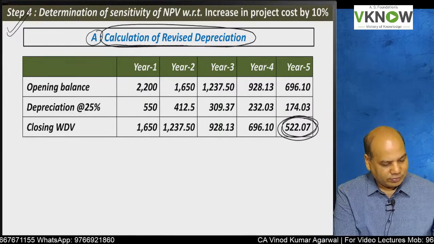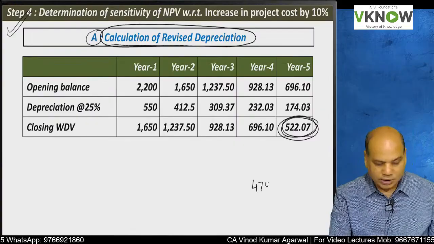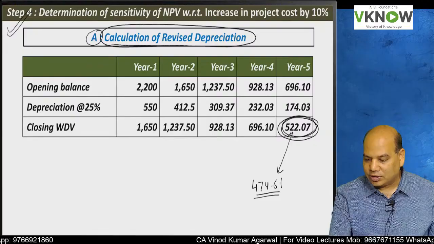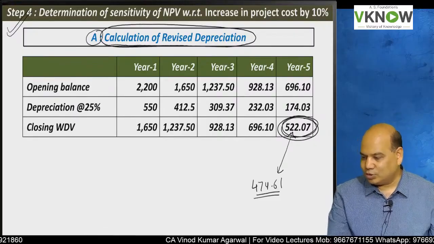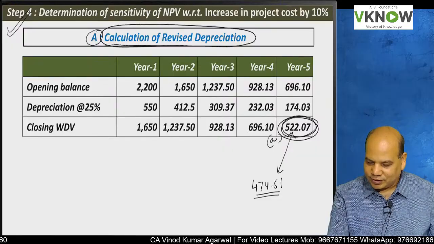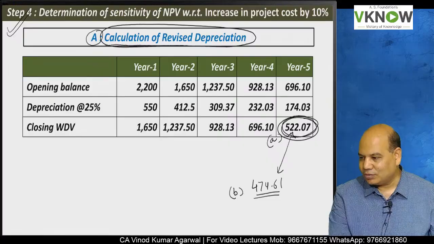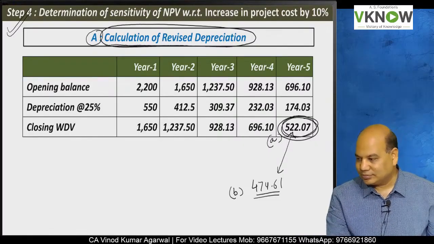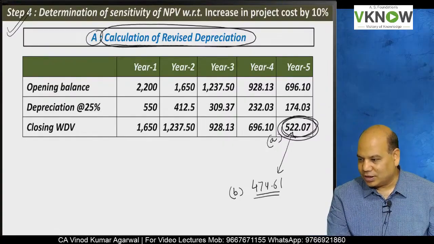is different. Salvage value in the question is 474.61. Which figure will you take in salvage value? Will you take option A 522 or option B 474 in the salvage value? Please respond.